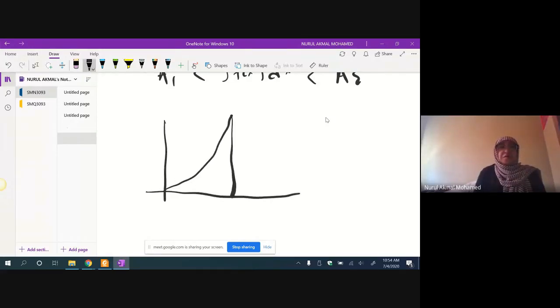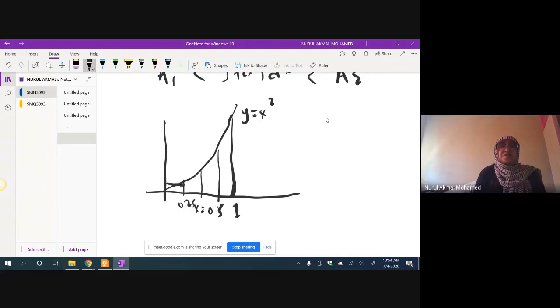So this is a quadratic function, y equal to x squared. So x is equal to 0.5 here will be 0.25, and this is 0.7. You consider the center point, which is, if this is 0.25, the center point will be 0.125.